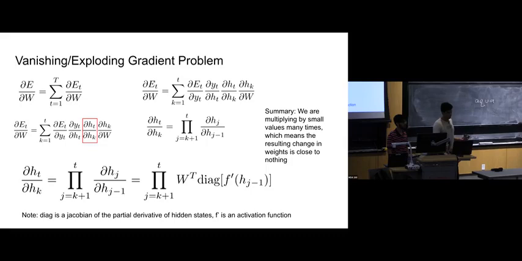And each of those partial derivatives is the sum from 1 to the current time step that you're on of the partial derivative of the error with respect to the output, with respect to the hidden layer at that time step, and then the hidden layer at that time step with respect to all the previous hidden layers before it, and then the hidden layer before with respect to the weights. So the main term that we want to look at is the one highlighted in red, the partial derivative of the hidden layer at the current time step with respect to all the previous time steps.